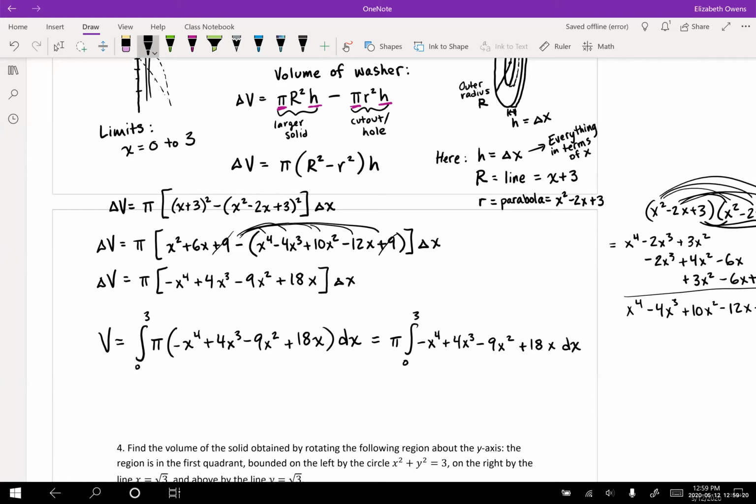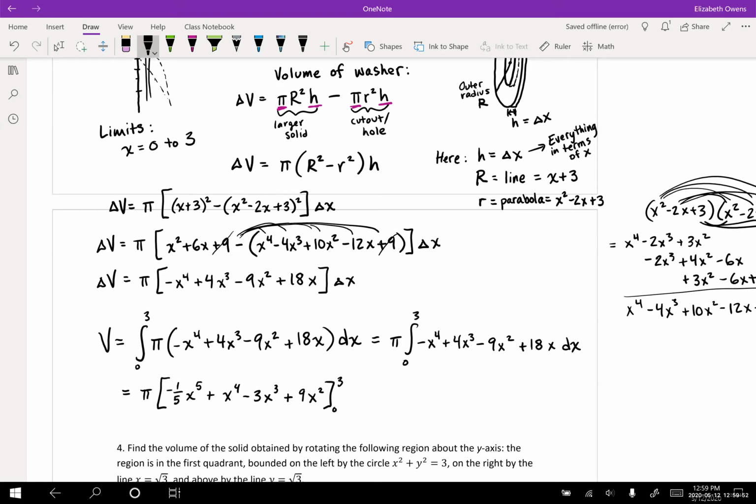And then you do your antiderivatives, which again is just a lot of power rule in reverse. So we'd have negative 1/5 x to the fifth, and then just plus x to the fourth. Minus 3x cubed, and then plus 9x squared, from 0 to 3.